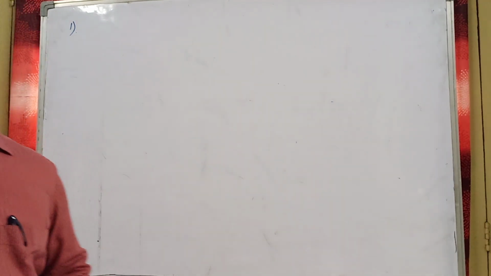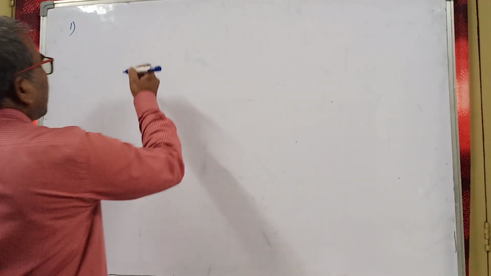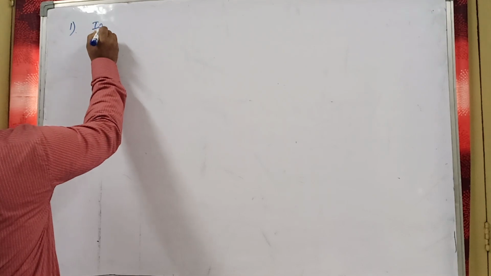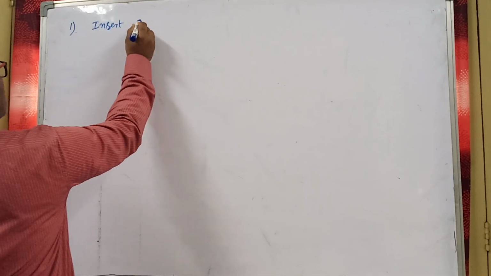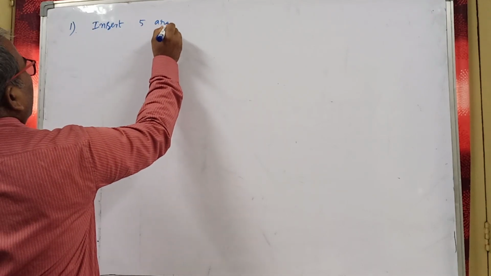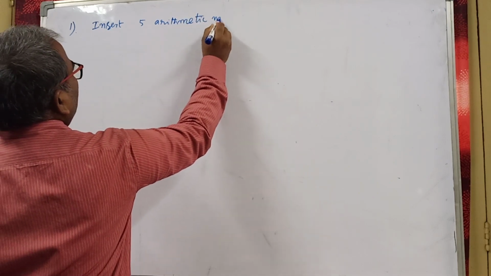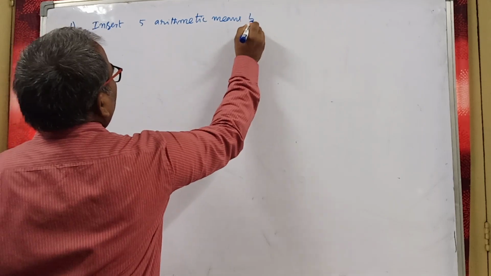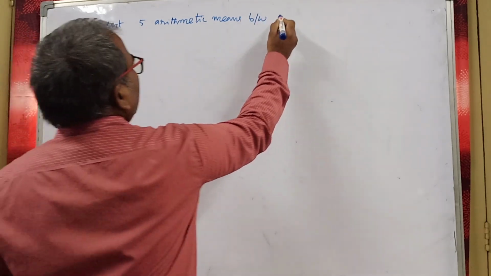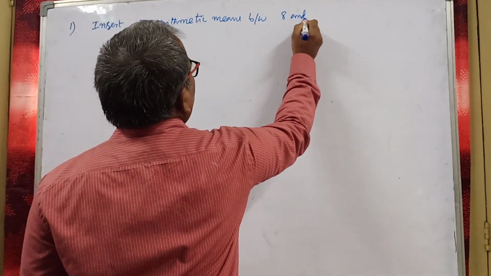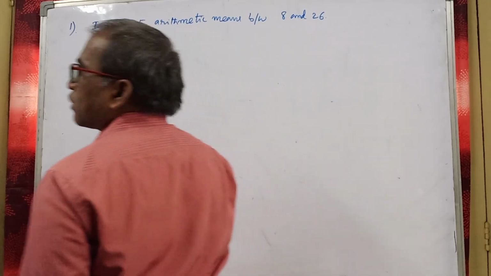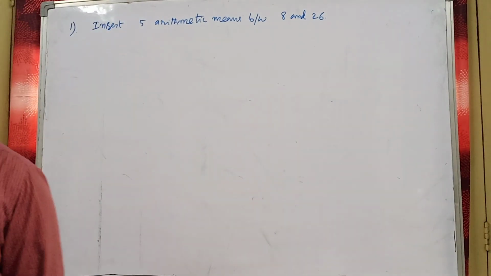The first problem is: insert 5 arithmetic means between 8 and 26.